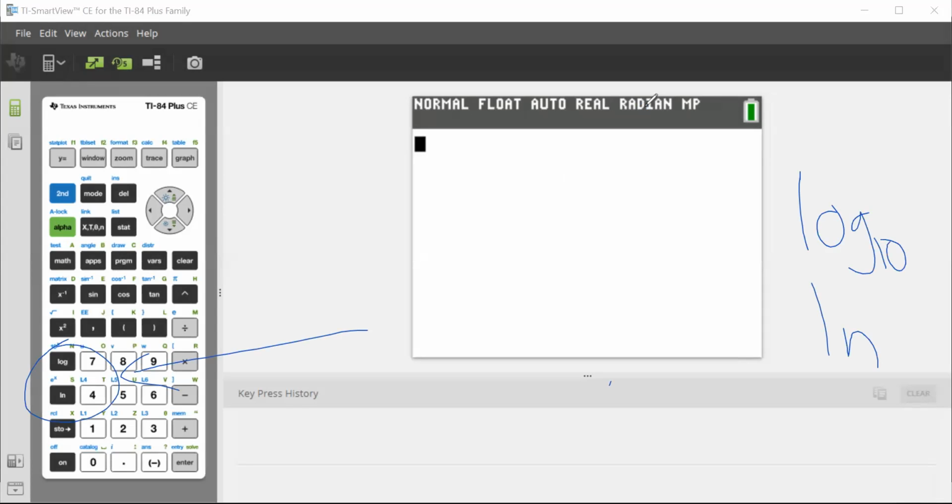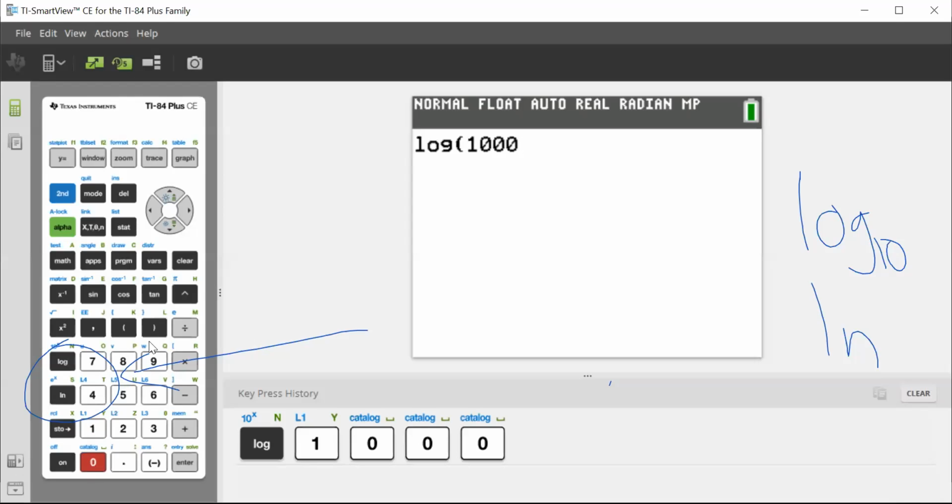So in our calculators, if we were to do, say, log of 1,000, well, again, this is saying log base 10 of 1,000. So we're asking to what power do we have to raise 10 to get 1,000? We know the answer is 3, and note the calculator gives us that.